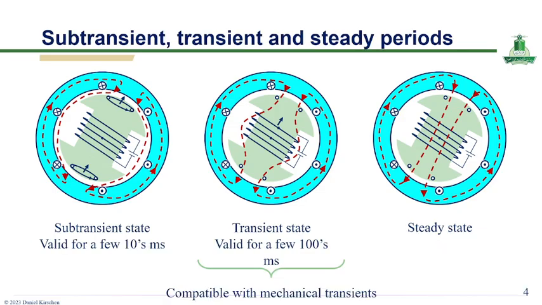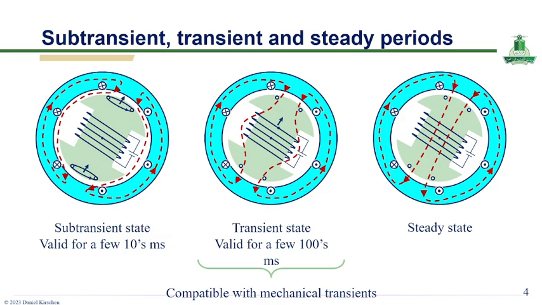This slide describes the time-based behavior of a synchronous generator during different operating periods following a disturbance. The system response is divided into the subtransient period, lasting only a few tens of milliseconds, the transient period, lasting a few hundreds of milliseconds, and finally the steady state conditions.